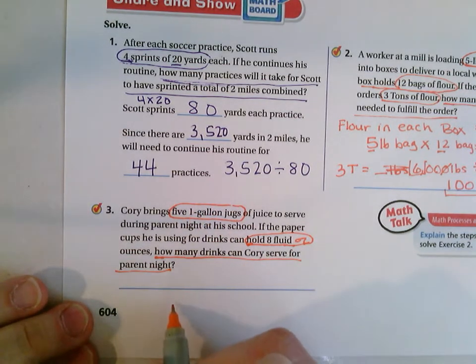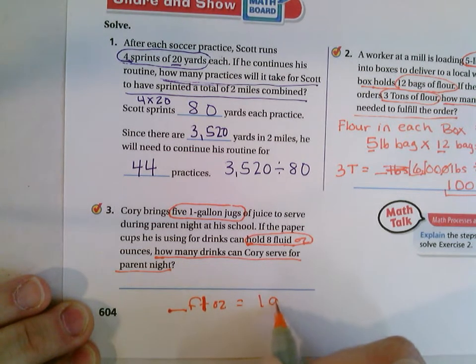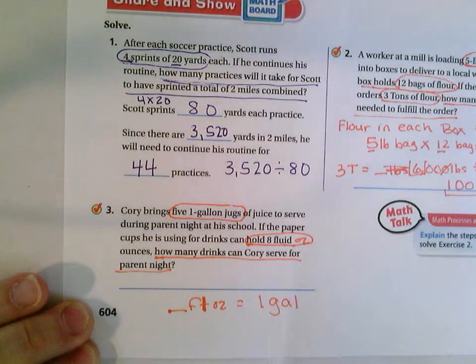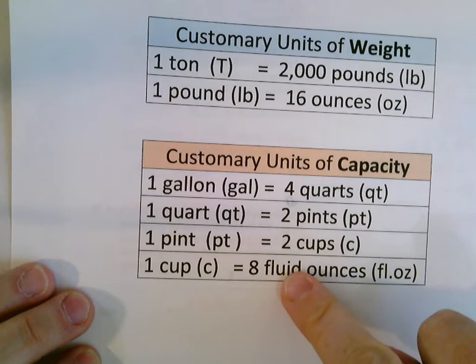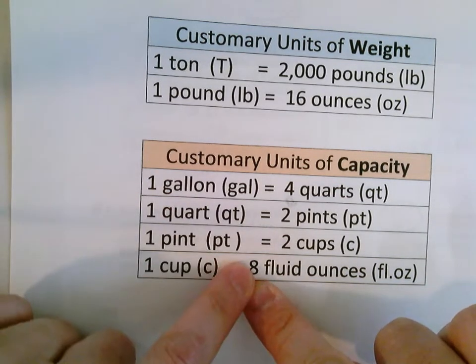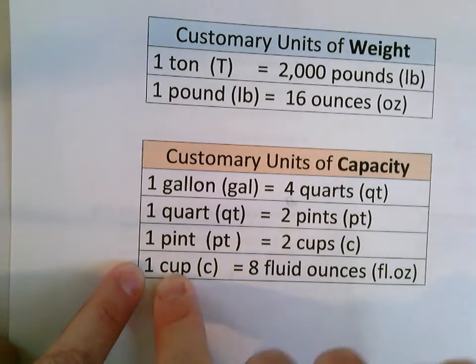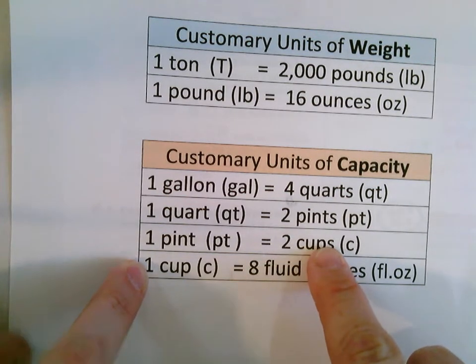So let's think about, well, how many fluid ounces is equal to 1 gallon? That's supposed to be an L, sorry guys. How many fluid ounces are in 1 gallon? Well, let's take a look. Okay, here's our fluid ounces, and here's our gallons. All right, so 8 fluid ounces is the same as 1 cup. Well, how many cups are in a gallon? Let's see.